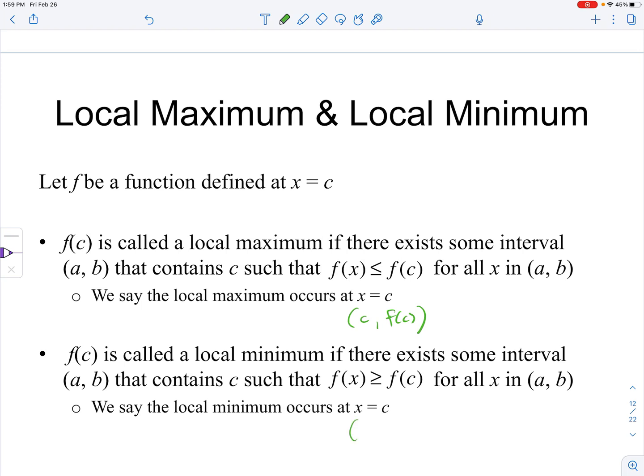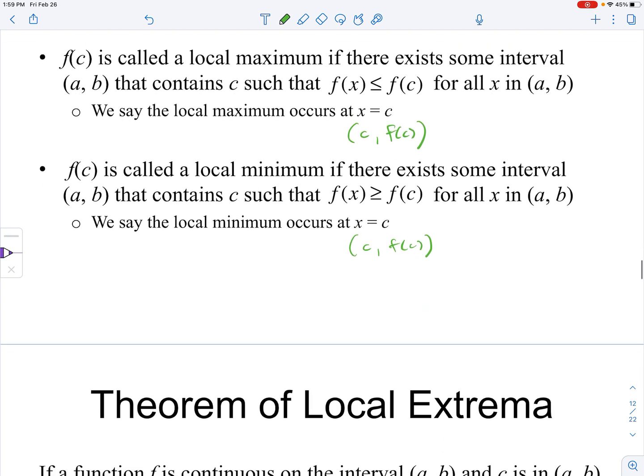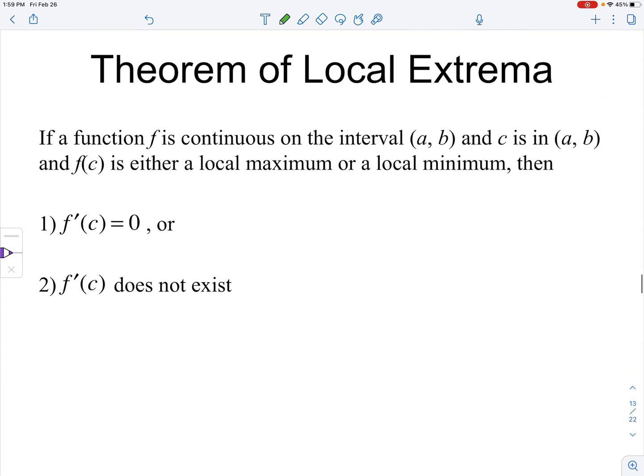The local minimum occurs at x equals c, or again, as a point, that would be c comma f of c. And it's also important to differentiate between what the actual local maximum or local minimum value is. That's going to be an output value, so y value, versus describing the location of where a local maximum or local minimum occurs, which you can then use either just the x coordinate or the actual point.